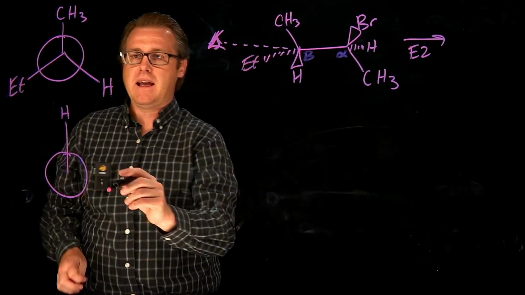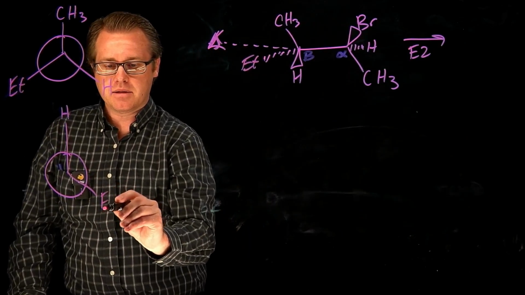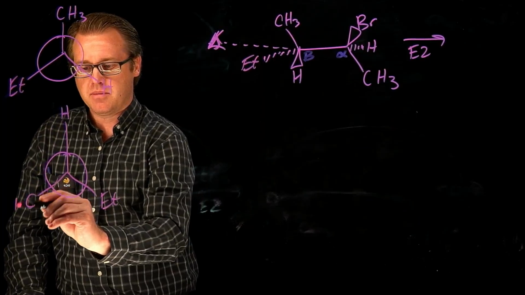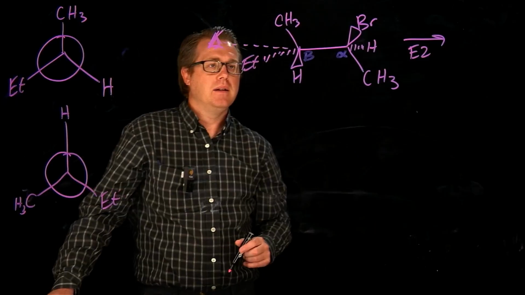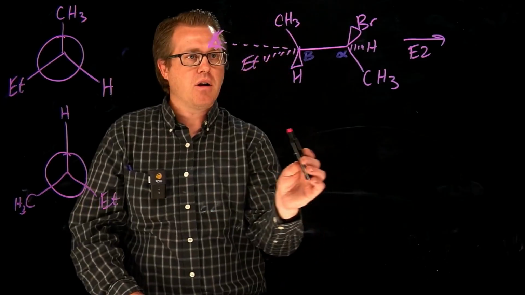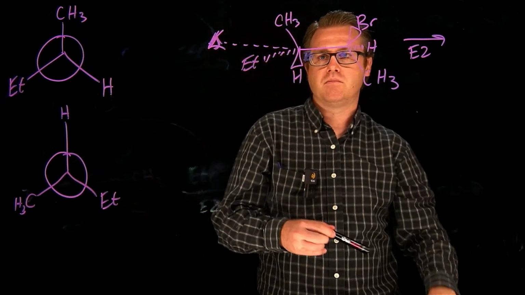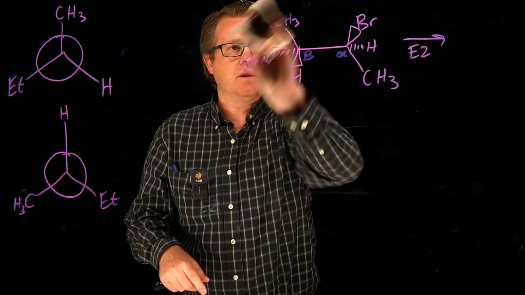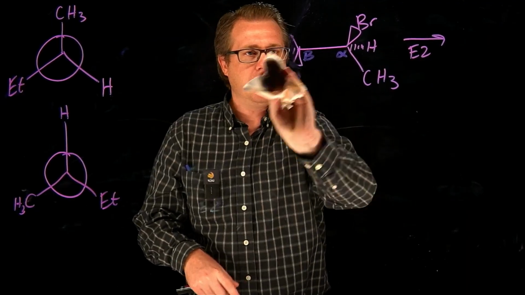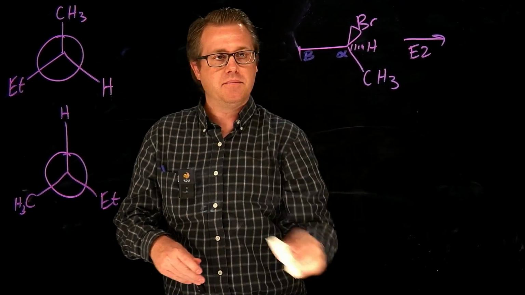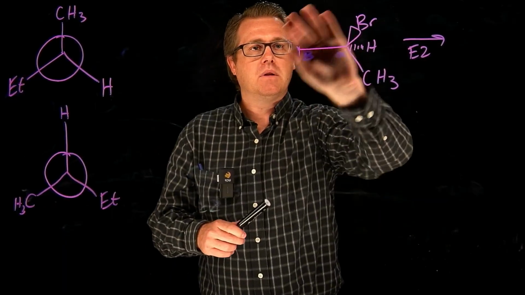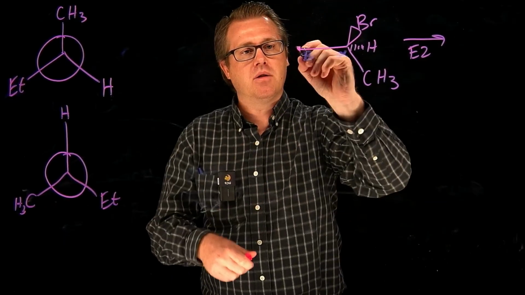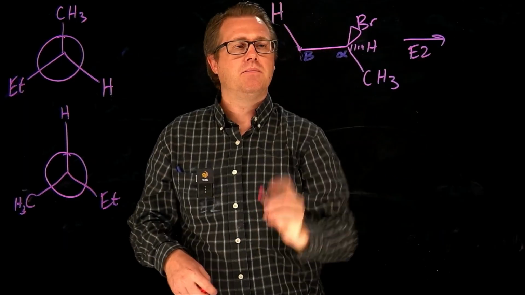So if I rotate that, so now my ethyl is going to be here, and my methyl is going to be right there. All right? So I'm going to then start redrawing the molecule here. So if I want my hydrogen up, it's going to now look like this. When I rotate it, my hydrogen is now going to be up like so.